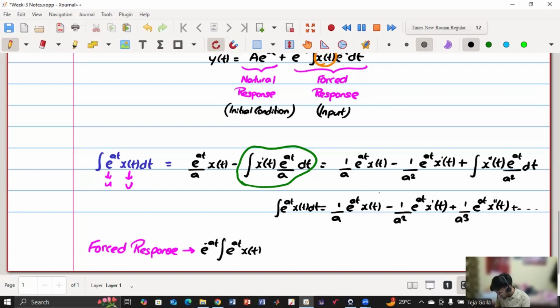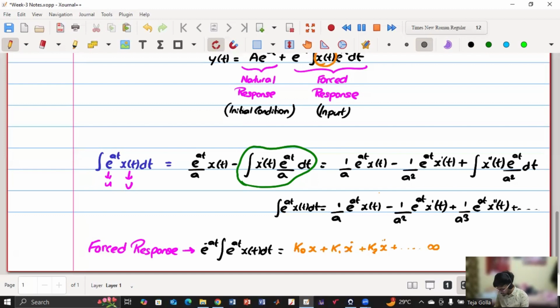I have to multiply by e to the power minus at, and 1 by a square, I'll call it some constant. So my solution will become some k naught into x plus k1 into x dot, the first derivative, plus k2 into x double dot, plus so on, infinite.